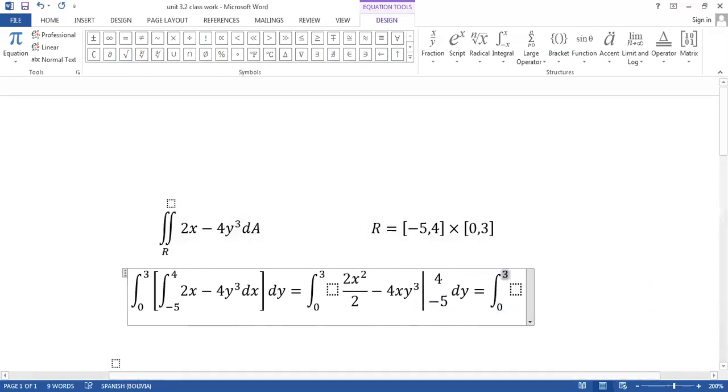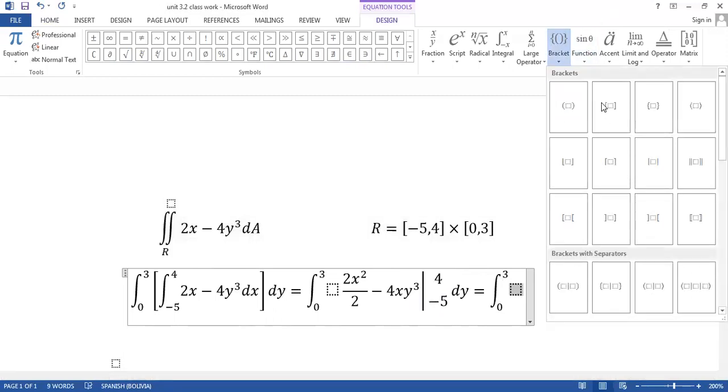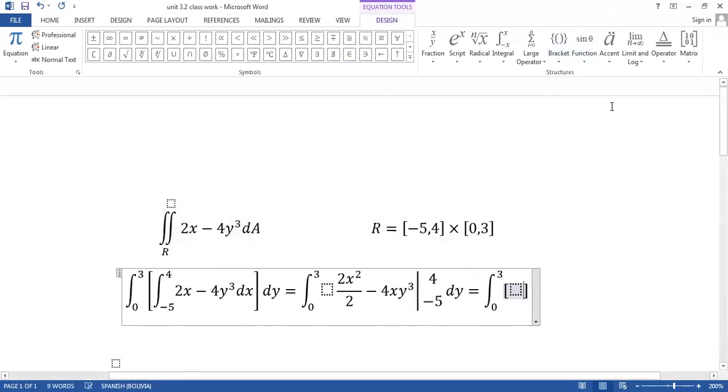Okay. And let's evaluate this. I'm going to put in some parentheses because I always like to, because it keeps my minuses in check.